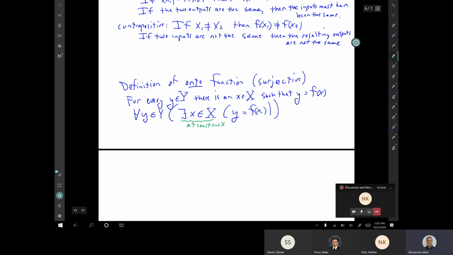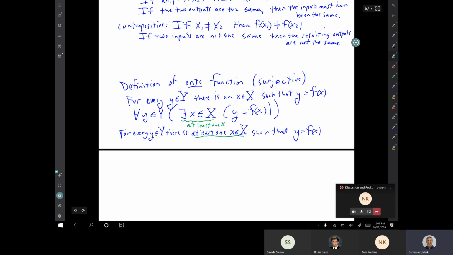So if you want to put this in words, for every little y in set capital Y, there is at least one x in capital X, such that y equals f of x. So the key thing is this at least one.